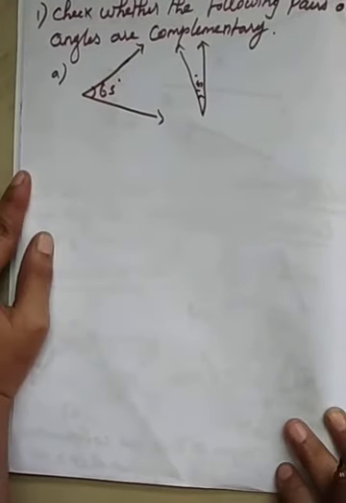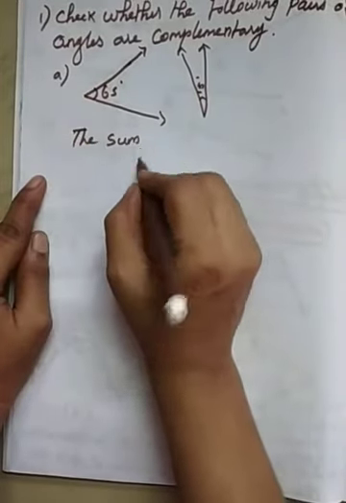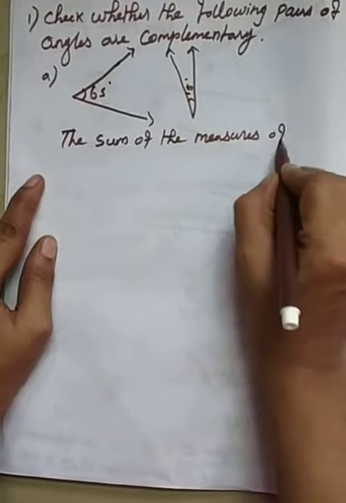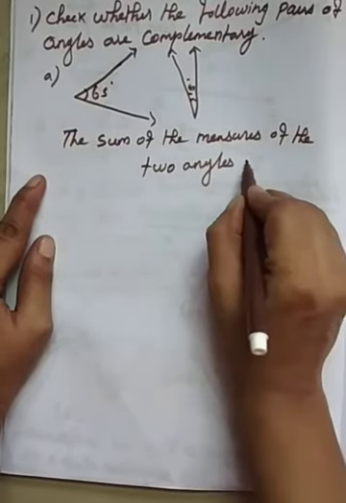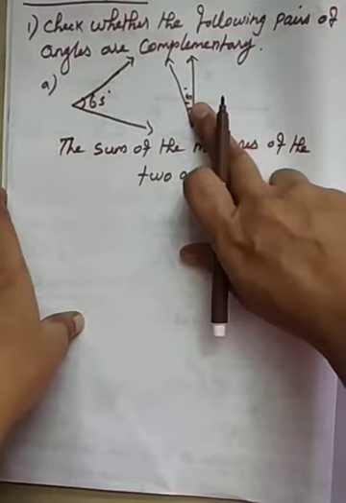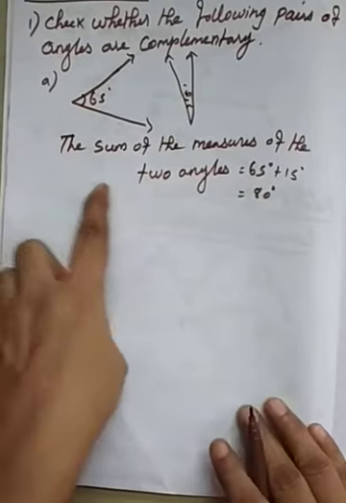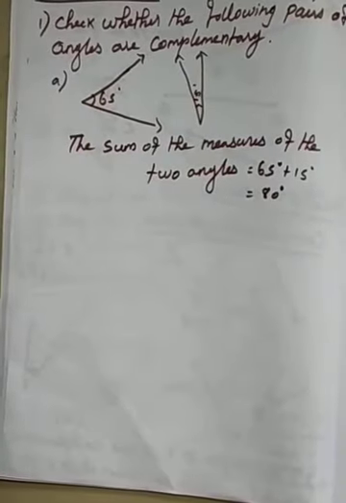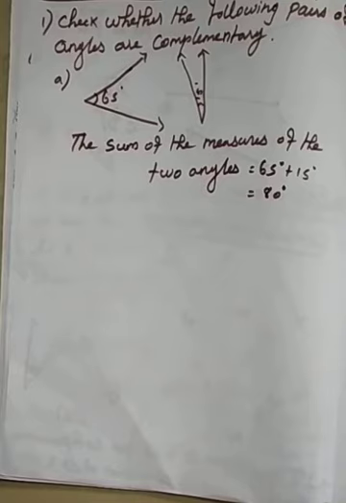The sum of the measures of the two angles is equal to 65 degree plus 15 degree. You will get 80 degree. So the angles are complementary, is it right? No. If the sum of the measures of the two angles is 90 degree, that is complementary.